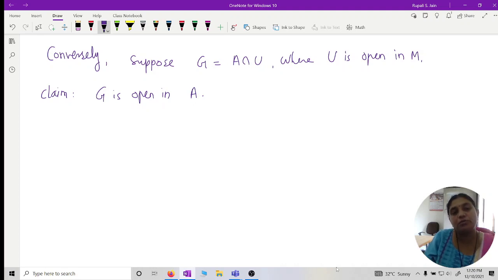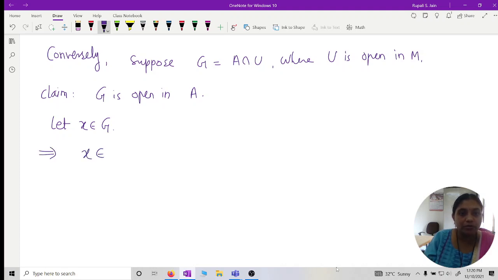So whenever I want to prove some set is open, how I have to start? Start with arbitrary element in that set. So let X belongs to G. Is that right? So what this implies?